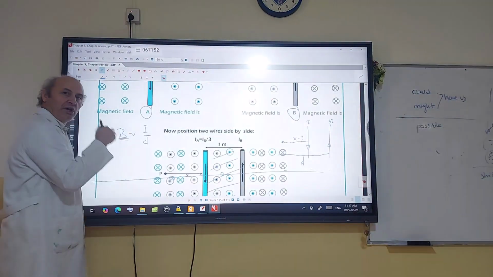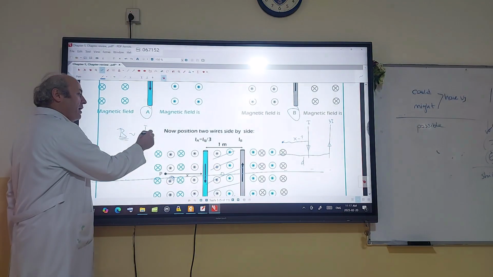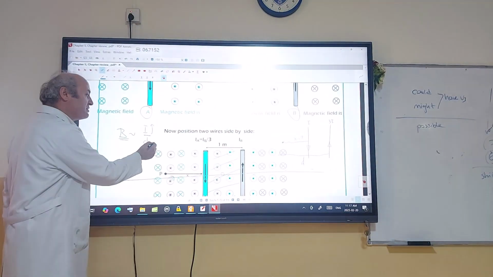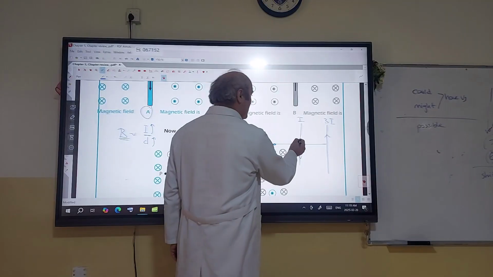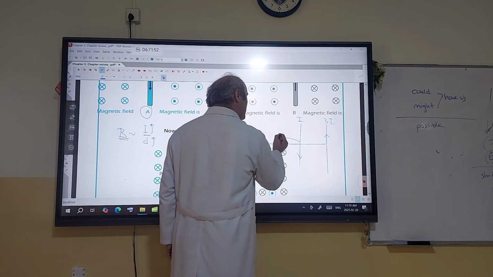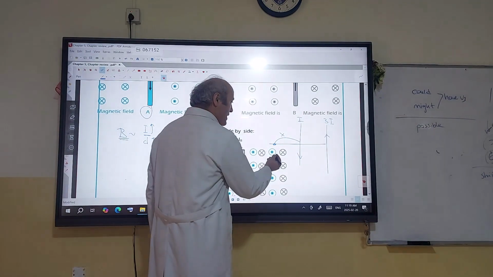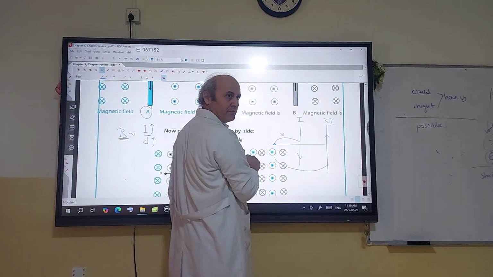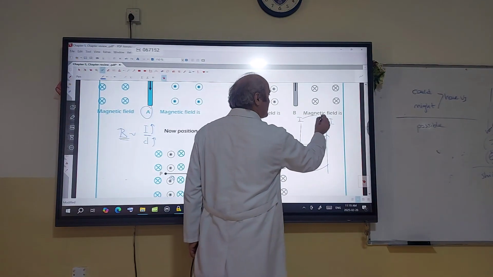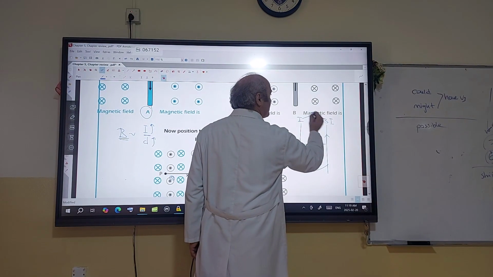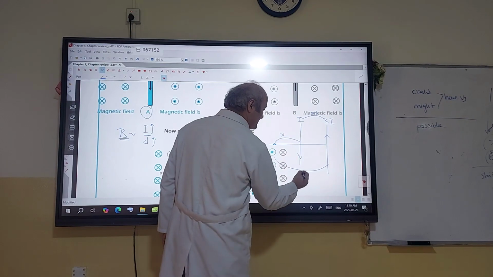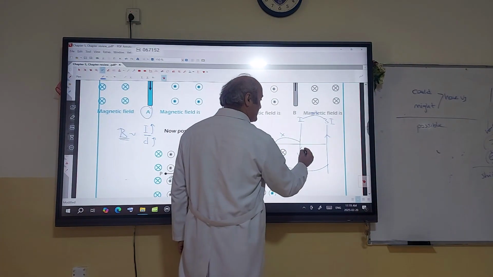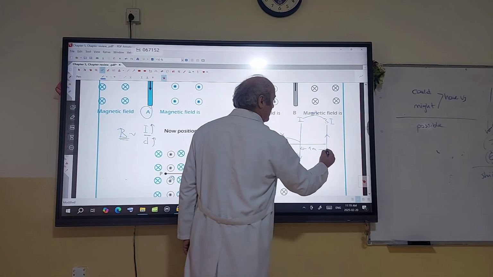For B to be equal, by whatever factor the electric current increases, its distance must increase by the same factor. If I say this distance is x, that distance is going to be in the ratio of their electric currents. So because I is multiplied by 3, you should multiply this x by 3. This distance is given as 1 meter.